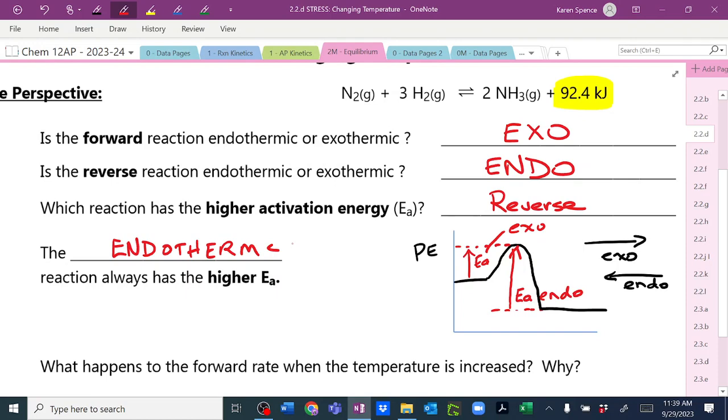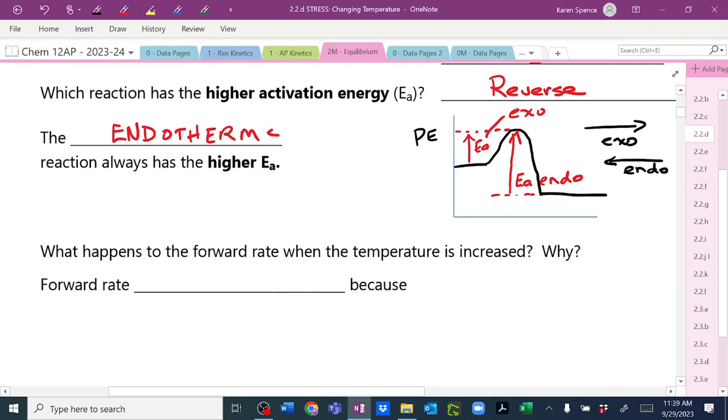Okay, what happens to the forward rate and why? The forward rate increases. Why? You have to speak loudly. Yes, so we have more frequent collisions.